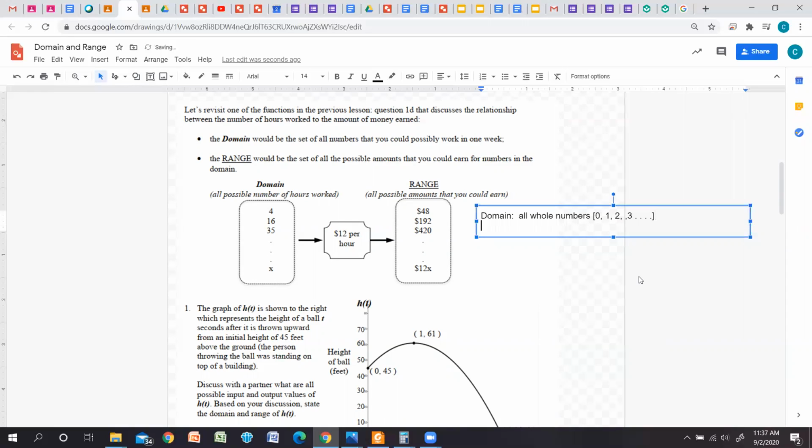The range has to be the multiples of 12, because you get $12 an hour, so you can't earn a fraction of that.